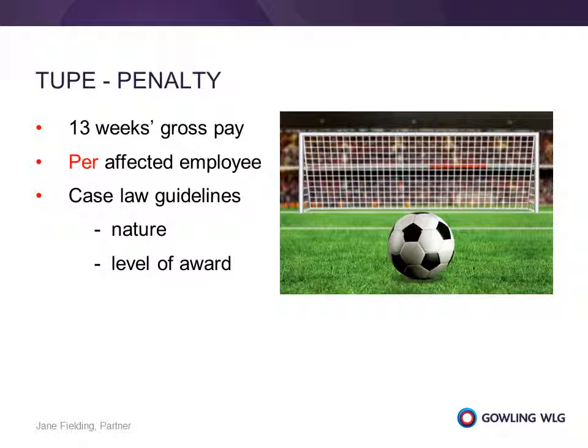And it is a penalty, it's not compensation. And what tribunals will do is, if an employer has done nothing to try and inform and consult, then they will give that maximum 13 weeks pay. If you've done something, then you get the opportunity to try to get the tribunal to reduce that award to something more commensurate with the level of default.